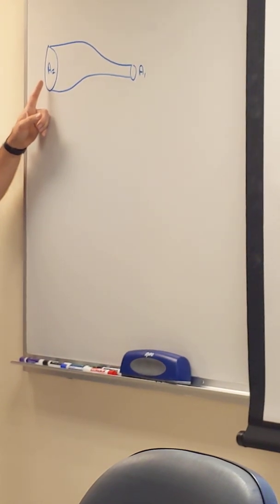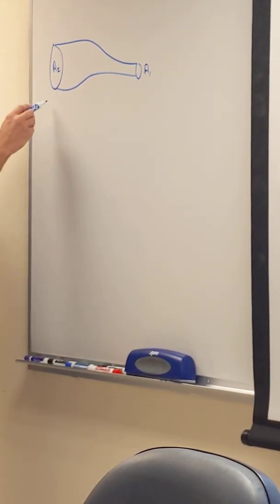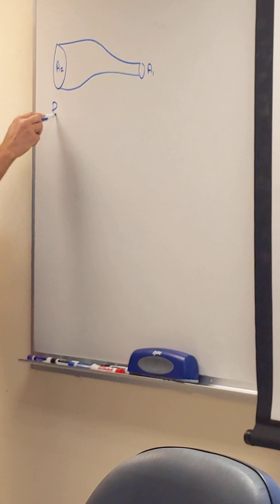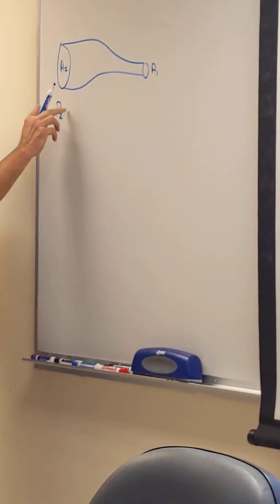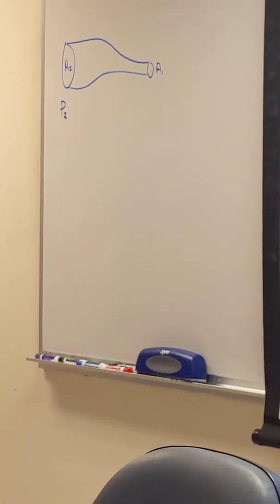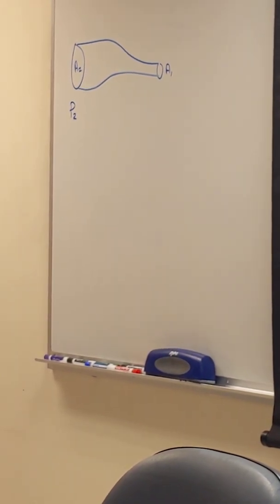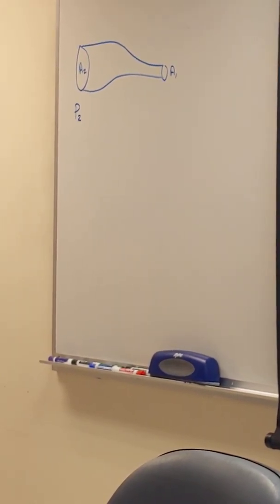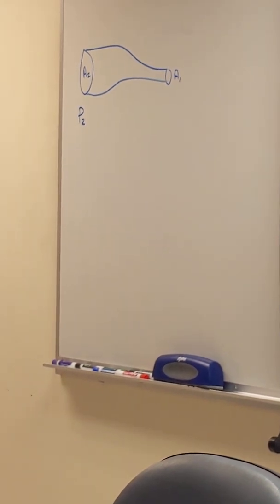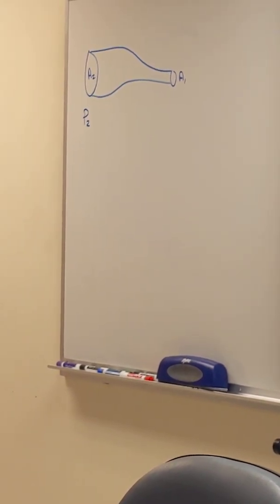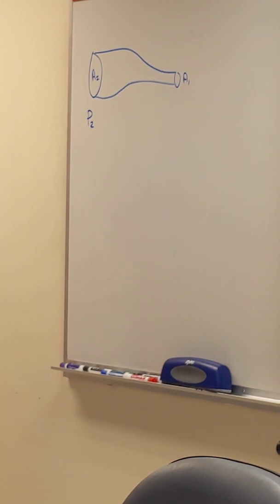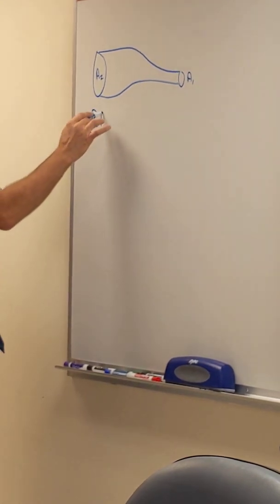If I have P2 over here, if there's pressure on this end of the pipe, P2, how can I calculate the force at that point? P times A. I agree with you, A2, yes?